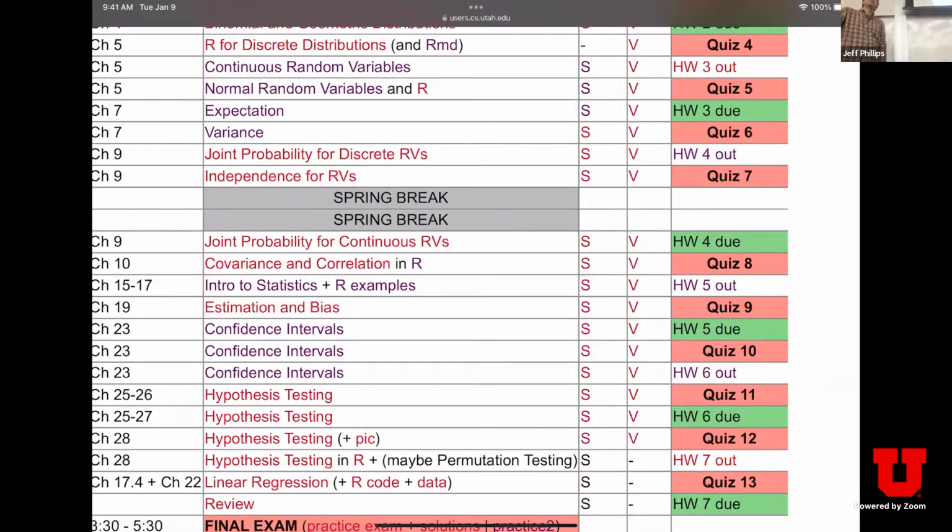It would be fair to ask some very simple, straightforward questions in R, but nothing so complicated. If you get something very simple wrong about the syntax, that's not the sort of thing I want to ask.